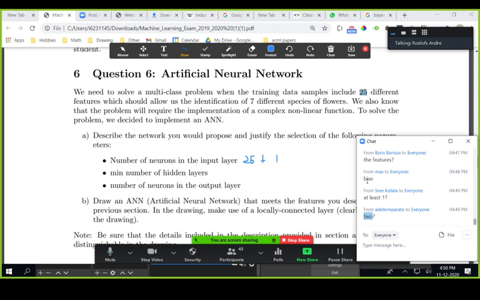I think it might have been mentioned, but there's a theory that if there exists a mapping between input and output, doesn't matter which one, it can be solved with just a single hidden layer.